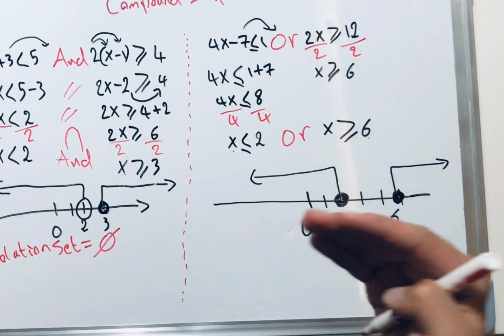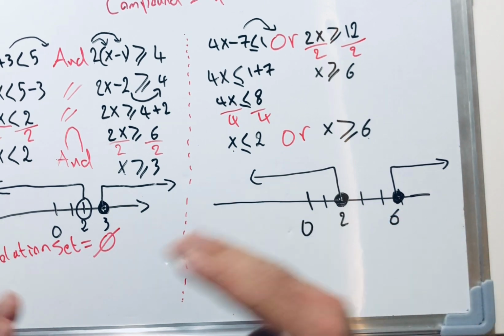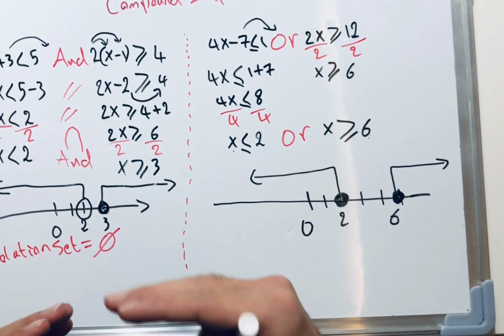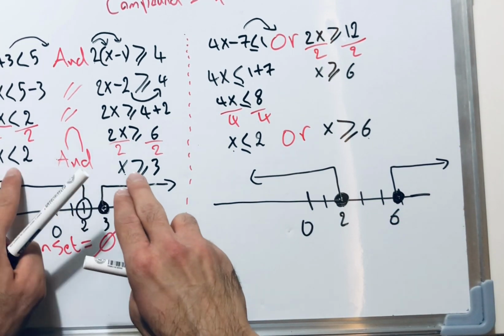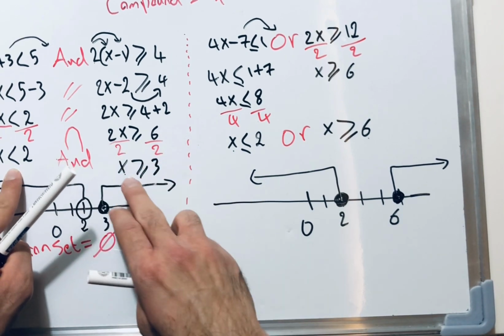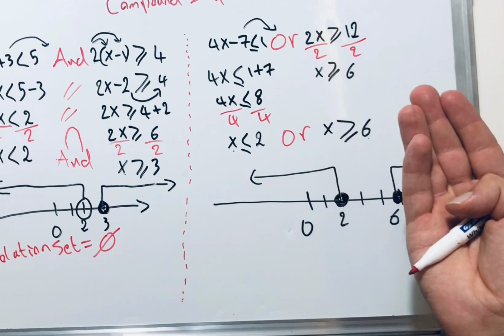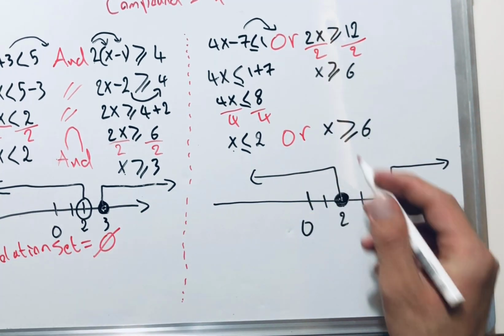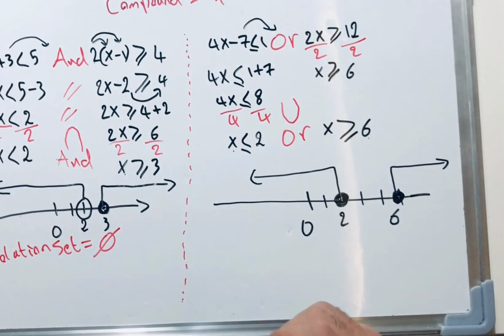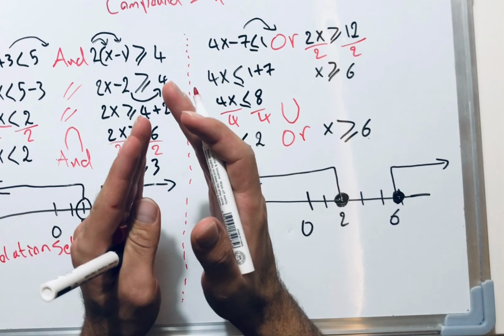In other words, you're going to look for a common value of x that works in both inequalities. So that's why we didn't have it here. So we said we don't have such a value, but or represents the union operation between sets. Basically, we're going to be combining all the values.